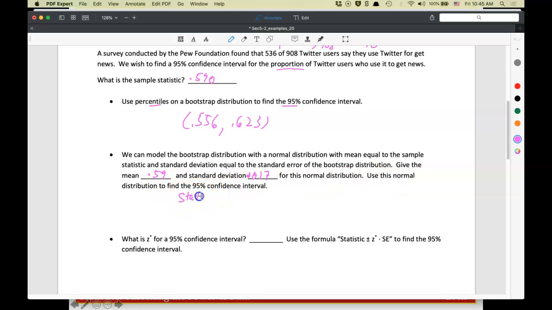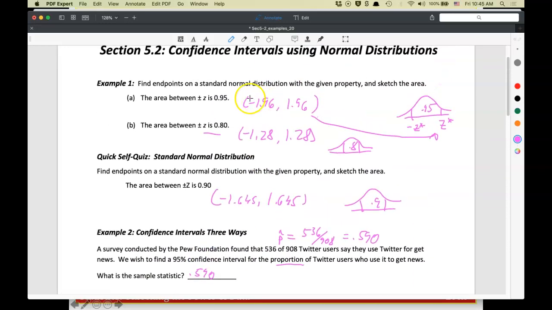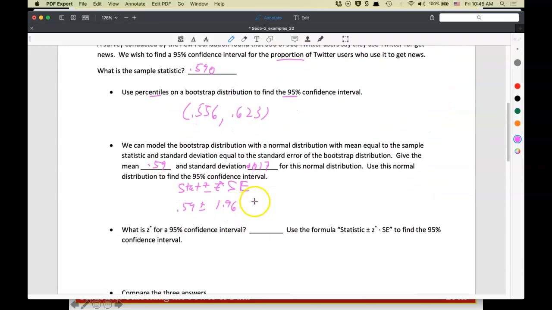So stat plus or minus z star times the standard error. So 0.59 plus or minus my 1.96 from up above, times the 0.017.